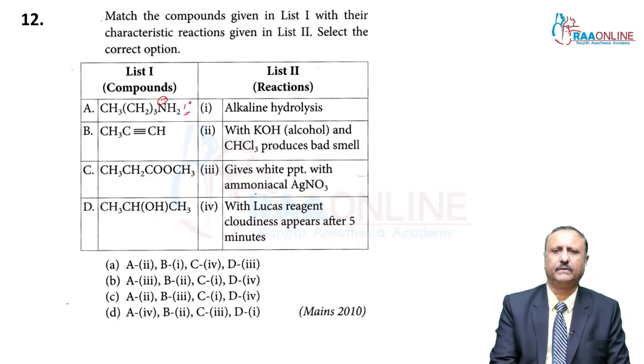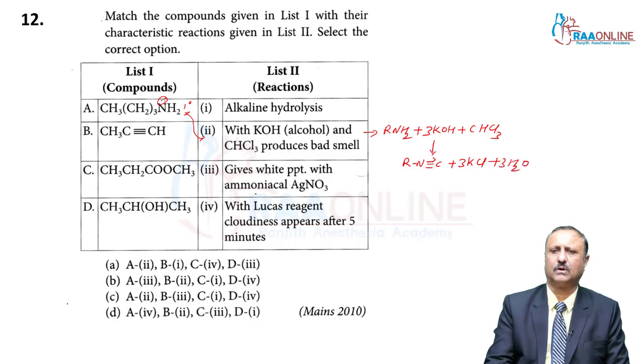Here 1 degree amines give the carbylamine reaction with KOH, alcohol and chloroform. So, you can go to number 2, because primary amine means RNH2 when it reacts with alcoholic KOH and chloroform to give RNC plus 3KCl plus 3H2O.